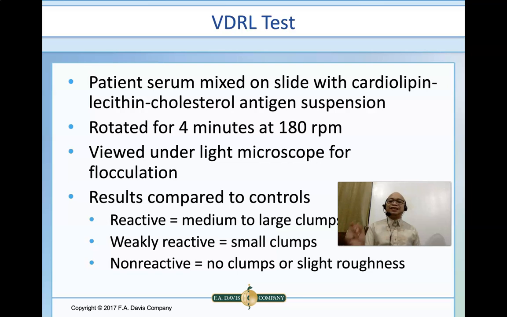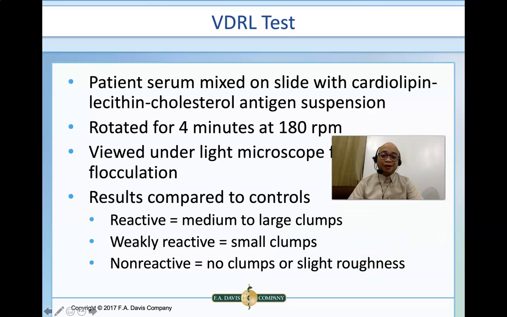This antigen suspension has to be prepared on the day of the test itself, because the viability of the diluted antigen is just 24 hours, unless you are using the modification of the VDRL, which is the latex VDRL. Here, we rotate it for 4 minutes at 180 RPM, and we view it under the light microscope, and we look for the presence of flocculation.